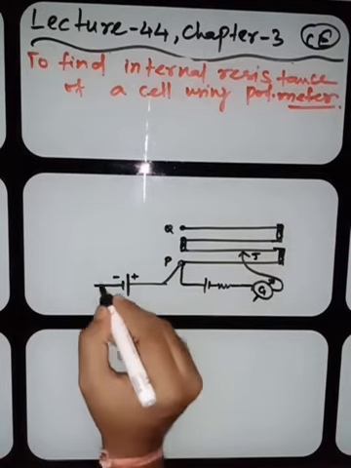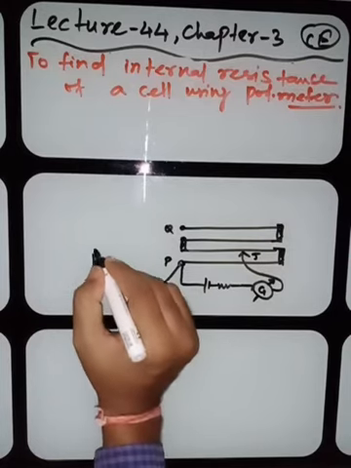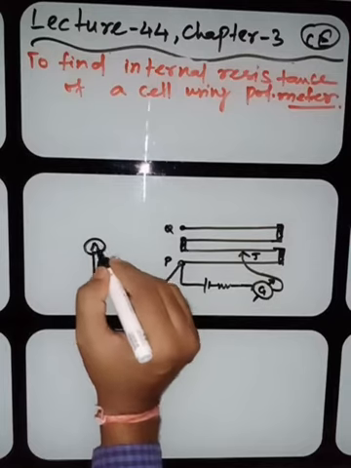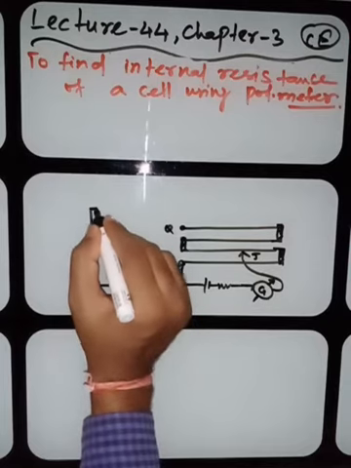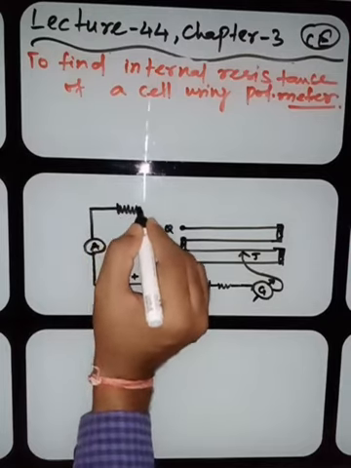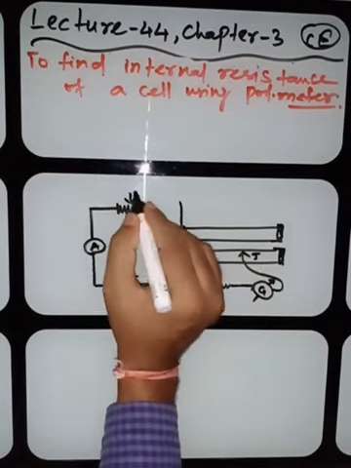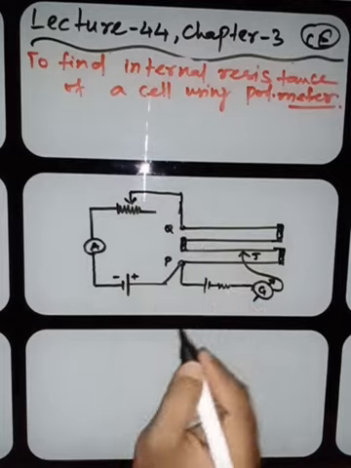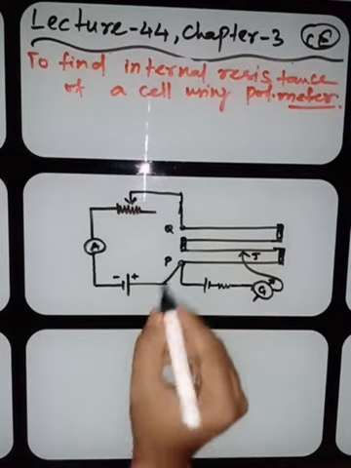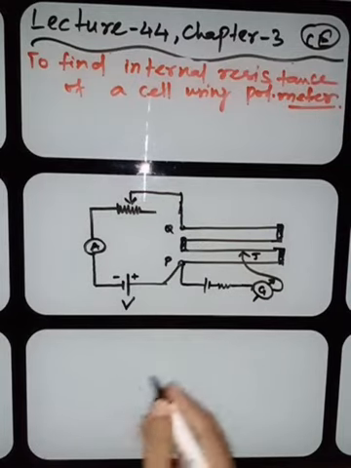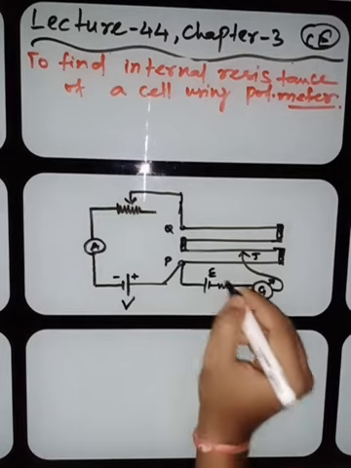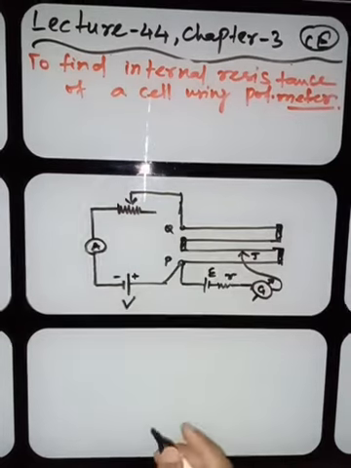We have discussed it in detail in the last lecture. This is the ammeter, rheostat, alright. Now the point P, driving cell, V, this is the EMF E, internal resistance r.